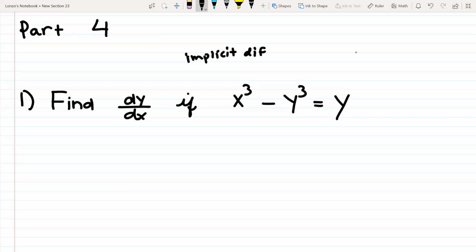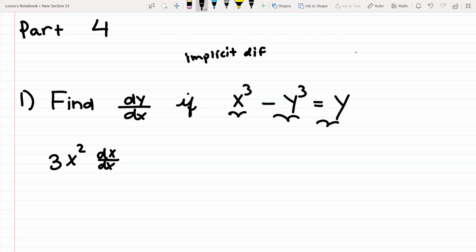So the derivative of x cubed, so how many terms are there? There's 1, 2, 3. There's exactly 3 terms. So let's take the derivative of x cubed. The derivative of x cubed with respect to x would be just power rule, so it'd be 3x squared. And then you have the option of putting dx over dx because we are taking the derivative in x. But dx over dx cancels, so it's just 1.